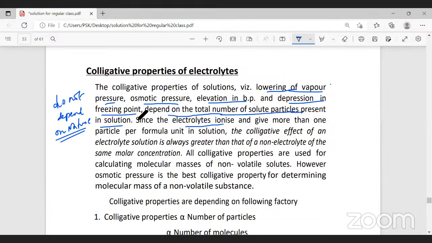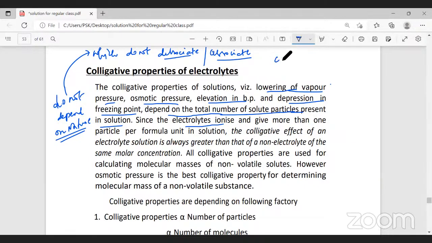In the colligative properties we learned, we used molecules which do not dissociate or associate. The condition is that the solute should not dissociate or associate, meaning the solute should not undergo ionization to form Na plus or Cl minus, or associate, meaning molecules should not join with each other to form a dimer.